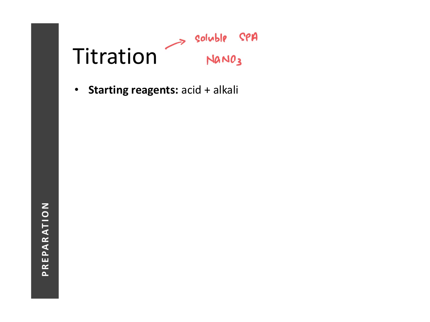So if we look at sodium nitrate, we need an acid that contains nitrate, and an alkali that contains sodium. So what can we use? Obviously, we can use nitric acid mixed with sodium hydroxide. So bear in mind, for the titration method, the starting reagents will be an acid and an alkali.